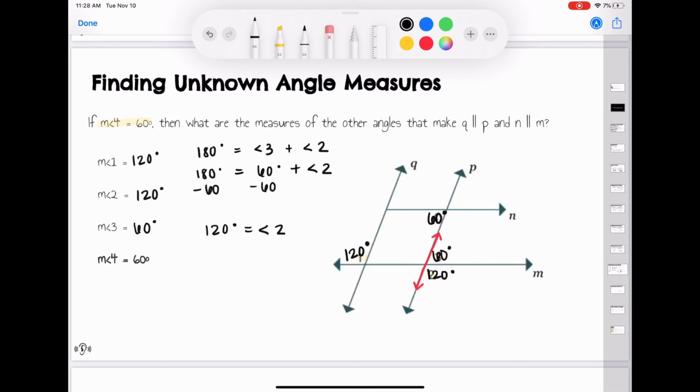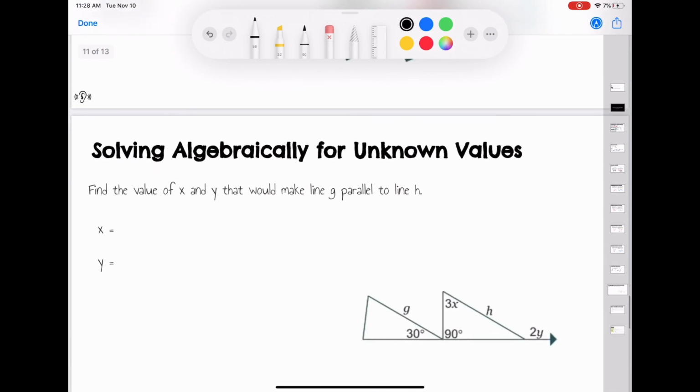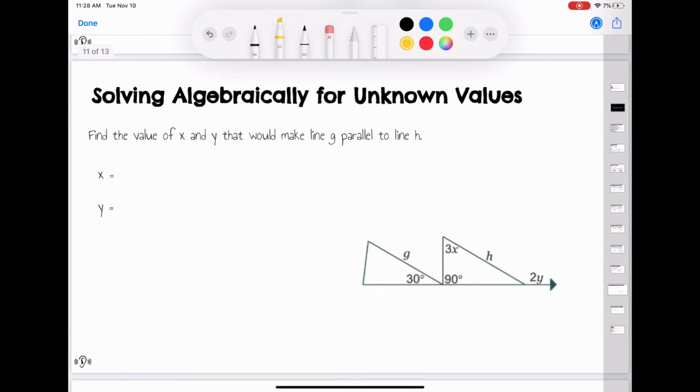Let's look at another type of problem. This problem asks us to solve algebraically for unknown values.